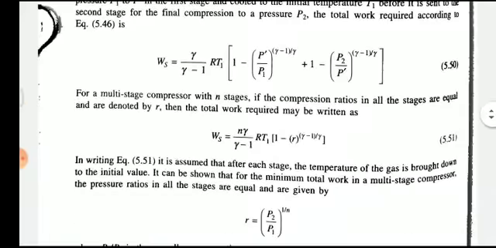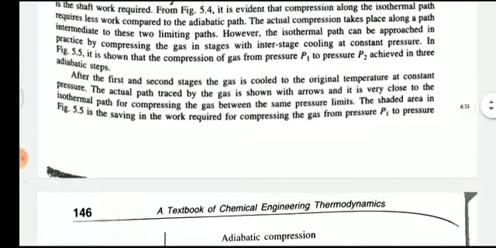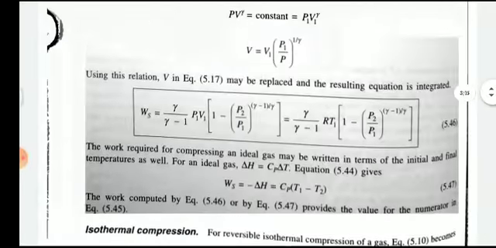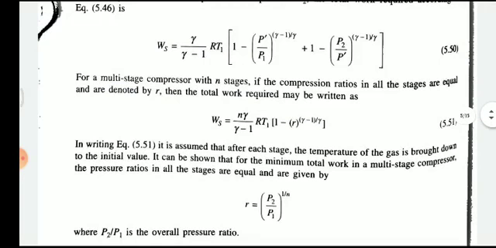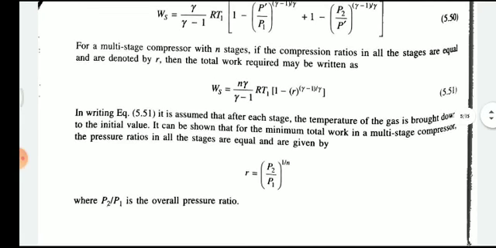So the equation is over here. Ws is gamma minus 1. This one is a similar equation: gamma upon gamma minus 1 RT1 times 1 minus P dash upon P1.